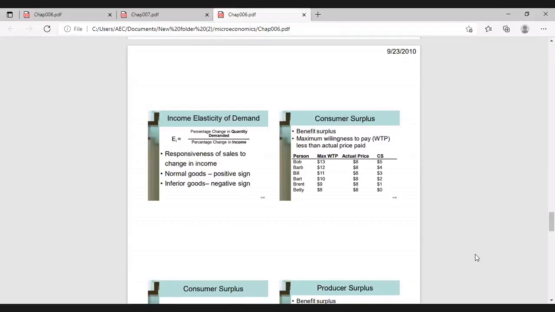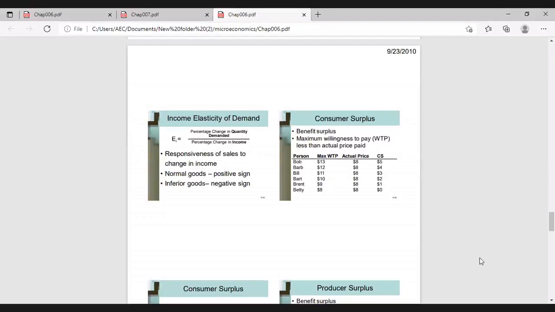The coefficient formula is the percentage change in quantity demanded over the percentage change in income. For most goods, this income elasticity is positive. When income increases, they will buy more. So for most goods, the income elasticity will have a positive sign.